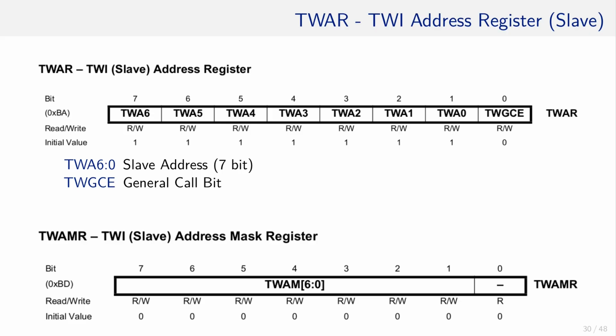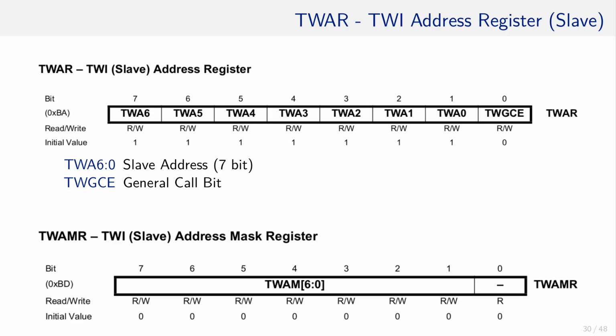This bit is set if a general call is to be supported by the slave. If a master transmits to the slave address 0, a broadcast is issued on the bus. That means that the master communicates to all slaves which support general call, while the master has no way to know how many slaves receive the broadcast.